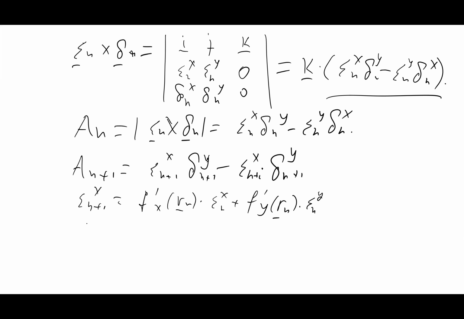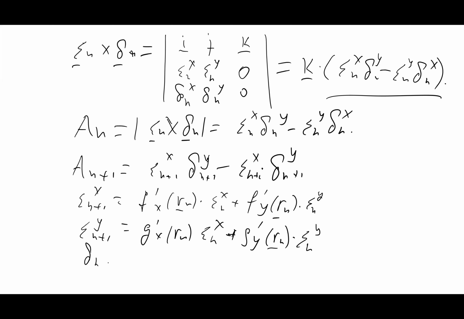And the same with epsilon_{n+1} y: it will be the derivative of g over x at R_n times epsilon_n x plus the derivative of g over y at R_n times the y component of epsilon. And the same would be with delta_{n+1} x and delta_{n+1} y. The only difference is that here it will be delta_n x, delta_n y, and here it's the same.